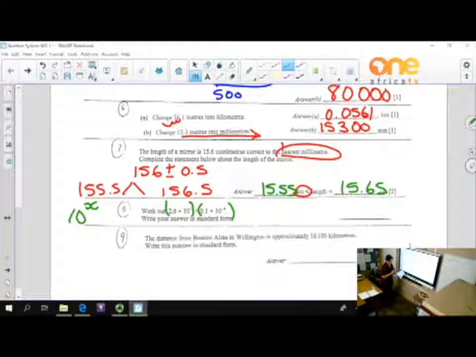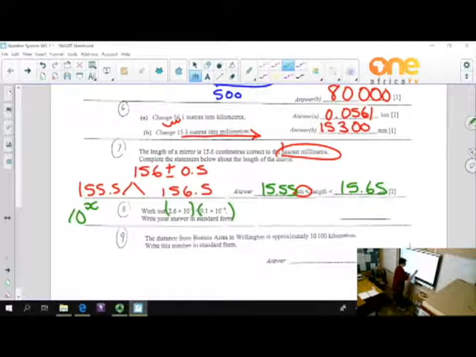So brackets, 2.6, 10 to the power of x, negative 3, close the bracket, plus another bracket, 9.1 times that 10, and negative 4, and close the bracket.